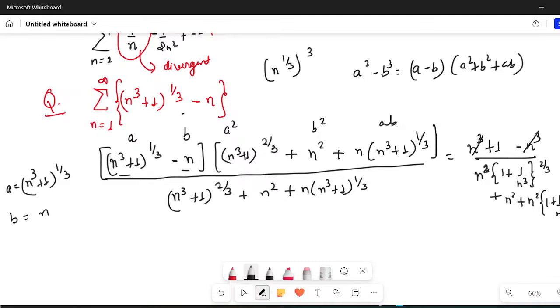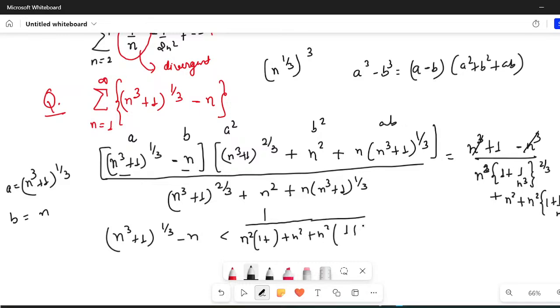So in any case, this particular series, (n cube plus 1) to the power 1 by 3 minus n, is equal to this. And then you are having some additions, 1 plus something. Basically the denominator is n square plus something, plus n square, and then again n square times 1 plus something. So it will obviously be less than 3 n square, right? If I don't add these things, your denominator is less, so obviously this overall term would be more.